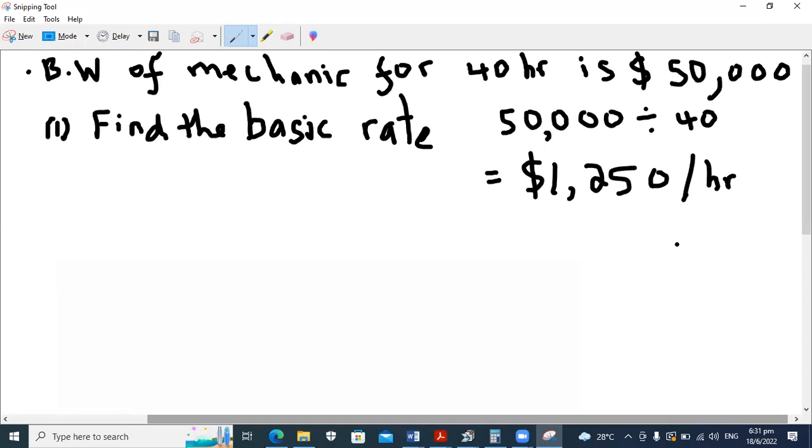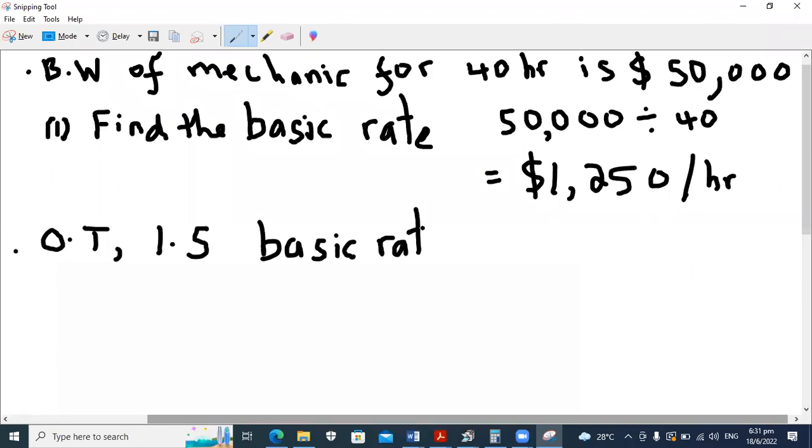Now, this mechanic does overtime. Overtime is 1.5 times the basic rate. What is the basic rate? 1,250 per hour.